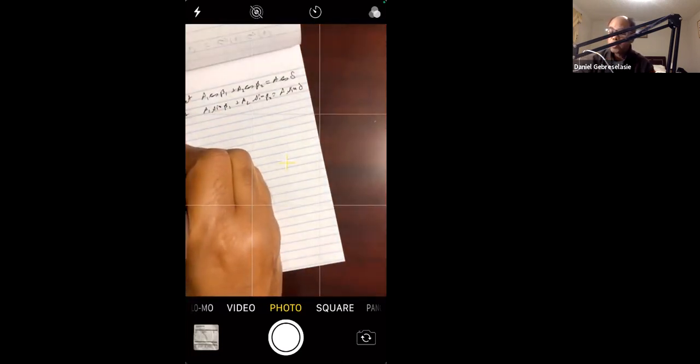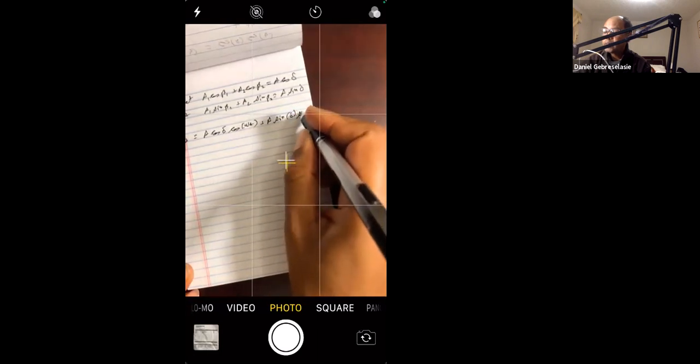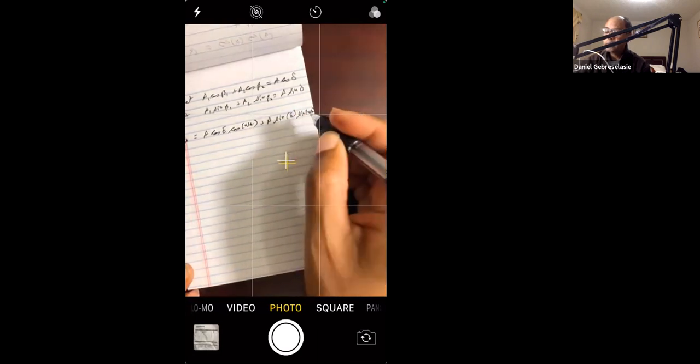So I've got the following now, okay? My y net is now A cosine of delta times cosine of omega t, okay? And the second one is A sine of delta times sine of omega t, okay? You see that? Now we combine these two using the same formula.